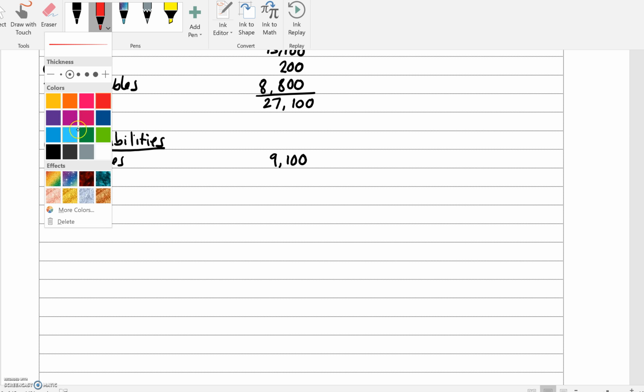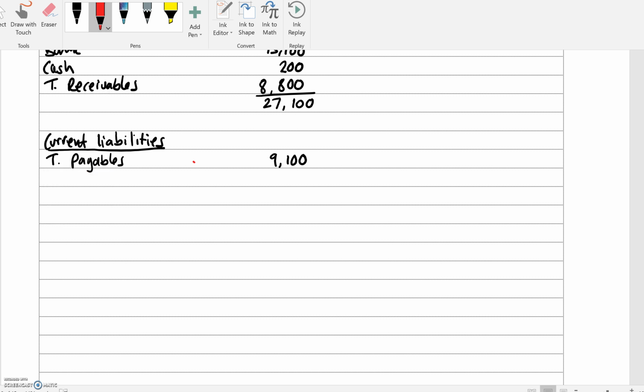Your current liabilities is trade payables of 9,100, and then we have to calculate the net current asset. Net meaning the difference between the two currents, i.e. current assets minus current liabilities, which in this case would give you 27,100 take away 9,100, which is 18,000.